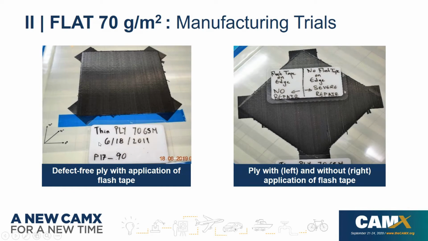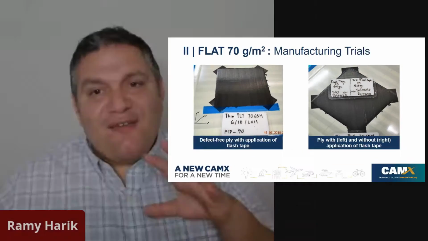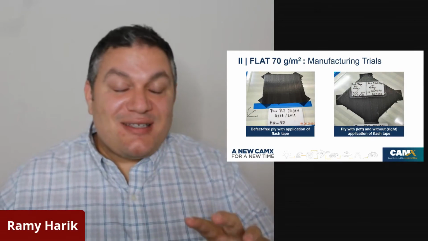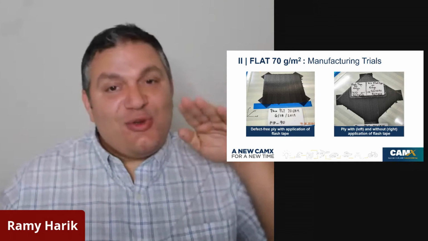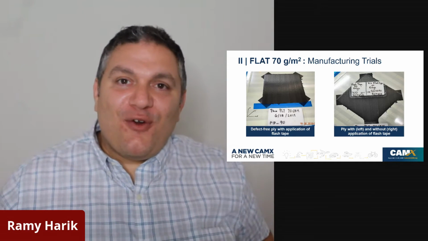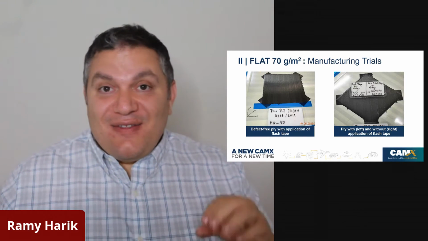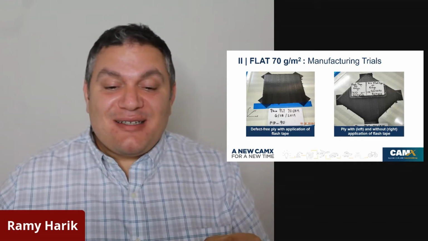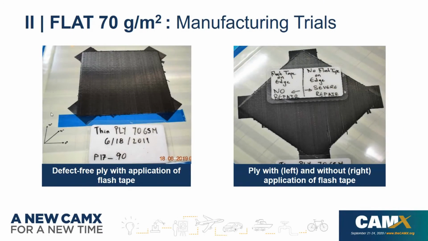And one of the things that we found out is the application of a flash tape on the side where the AFP machine accesses to perform the manufacturing process. This location actually helped us a lot. Look at the difference in this picture on the flash tape. Here we had the flash tape, here we did not have it.